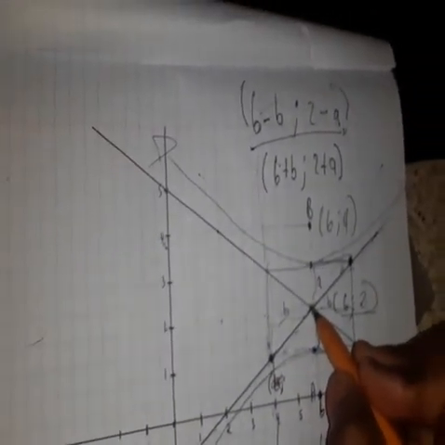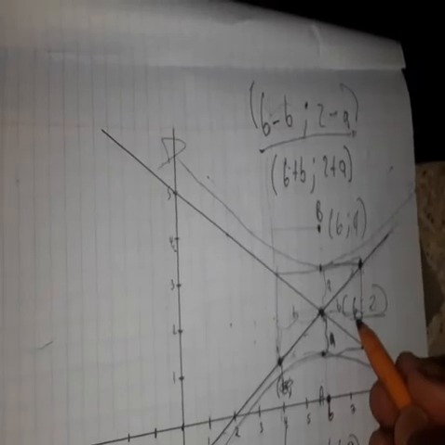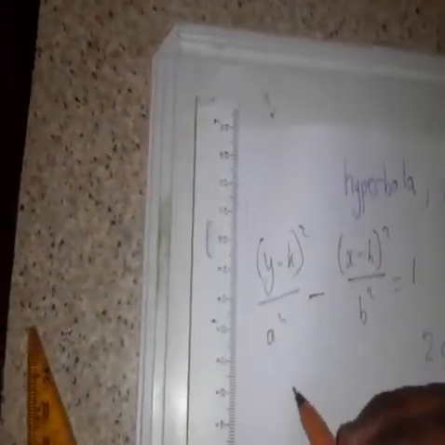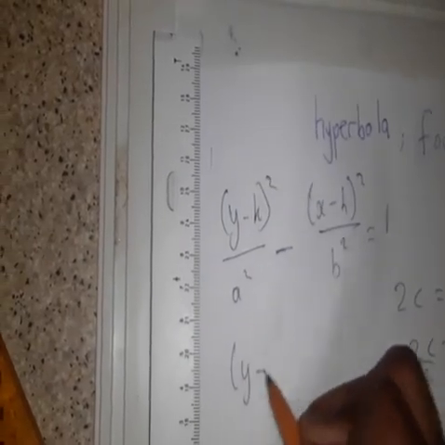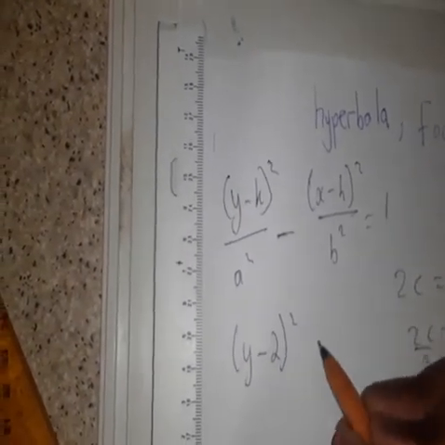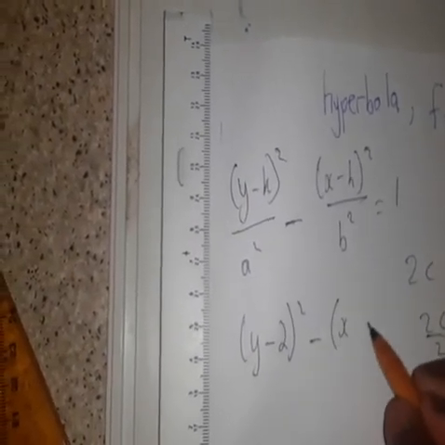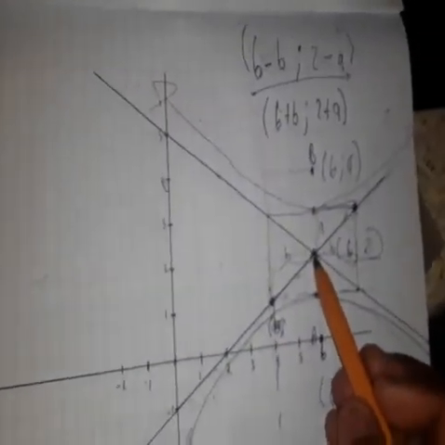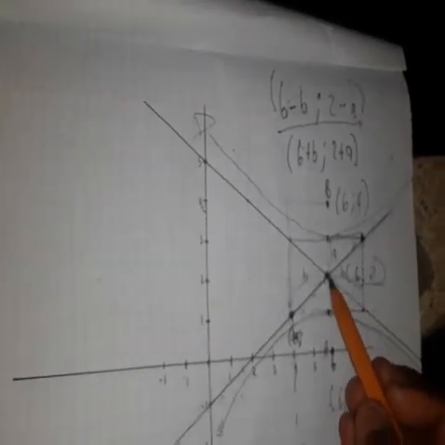So what are k and h? The k and h are the center we got here. These are the k and h, and h is 6 and k is 2 here. So y minus 2 squared, minus, what is h? H is 6. This is the intersection of the asymptotes, this point, right? It represents the h and the k.